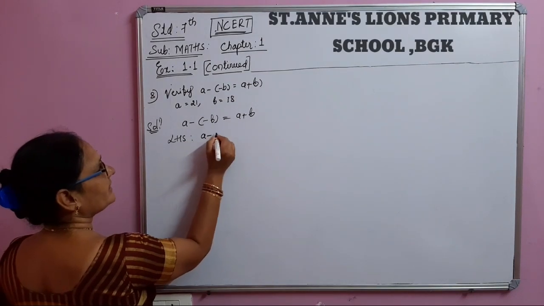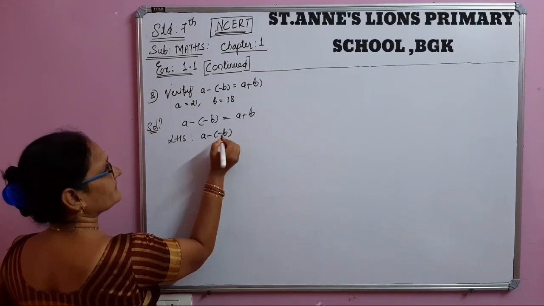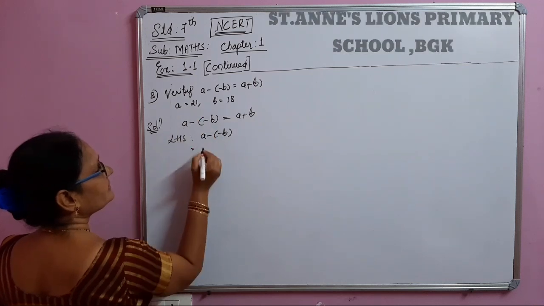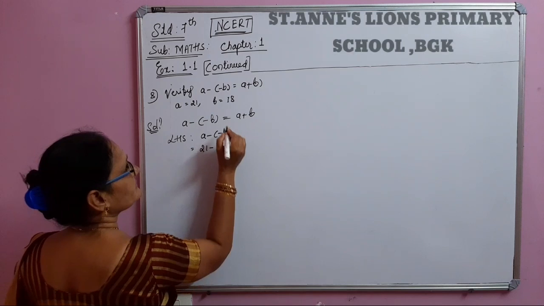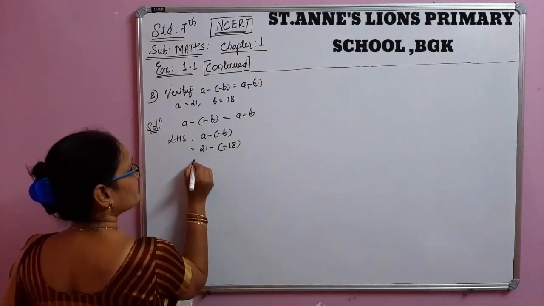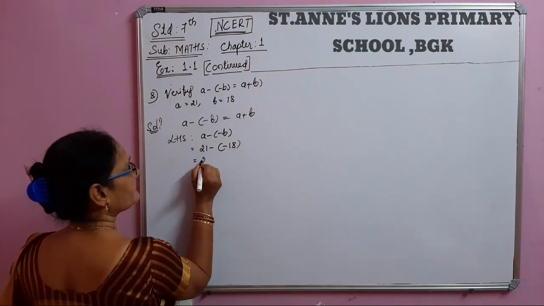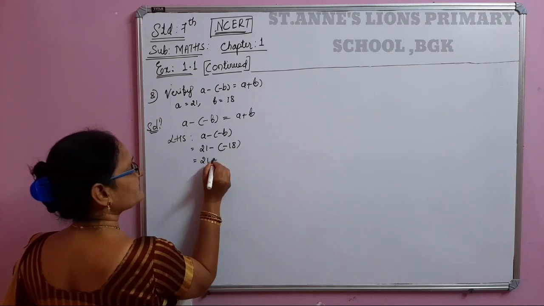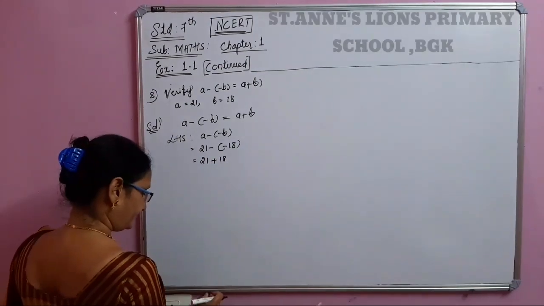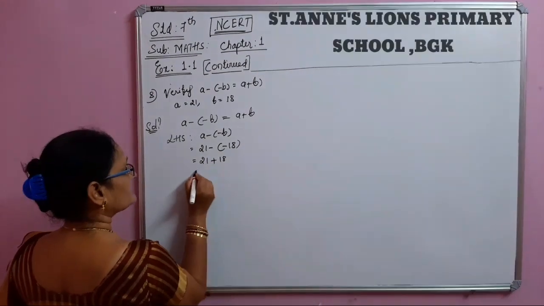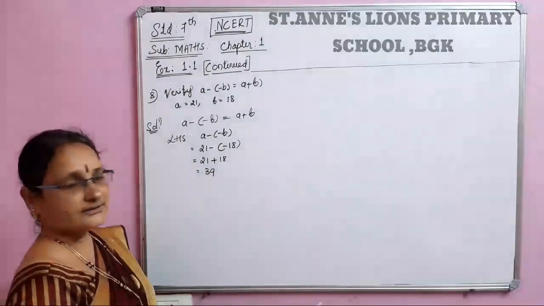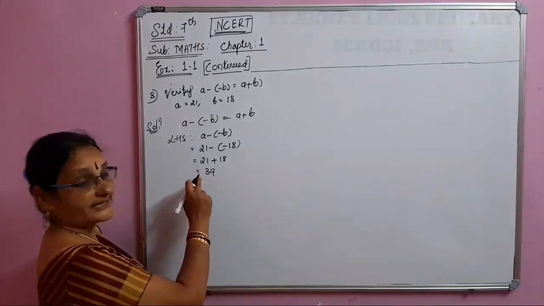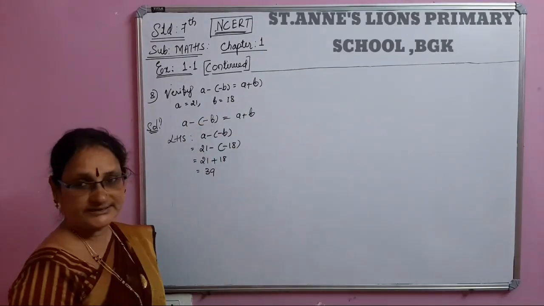LHS is a minus (minus b). What is a here? 21 minus of minus 18. See, 21 minus into minus is plus 18, is equal to 39. Okay. This is LHS.